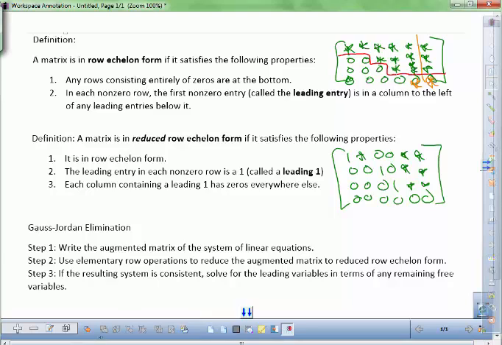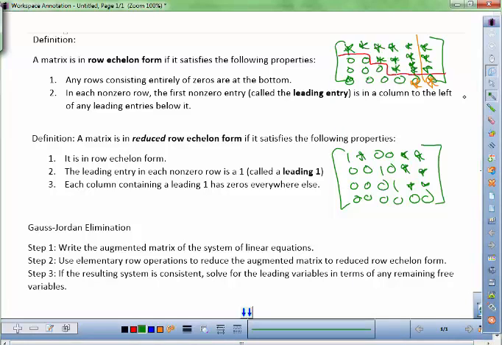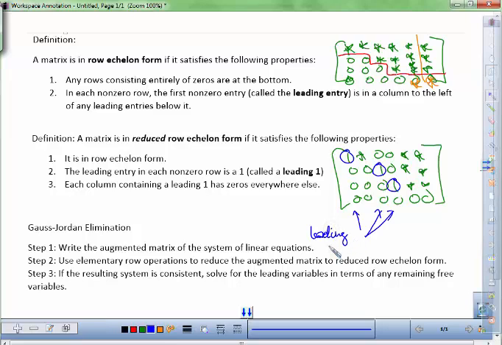So let's use this example and imagine our situation here. These columns with the ones in them would be the leading variables. And if this came from a system, then this would be an augmented matrix.